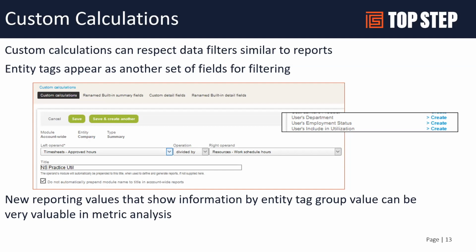So in this example, you can see we've kind of blown up what that would look like down below our custom calculation settings. We have the department, employment status, including utilization. For the purposes of utilization calculations, for example, you might want to set all of those defaults to only employees that we want to see. And then we can run our reporting, and we don't actually have to use the filters directly in the reports themselves. The custom calculation is going to do all that filtering for us.